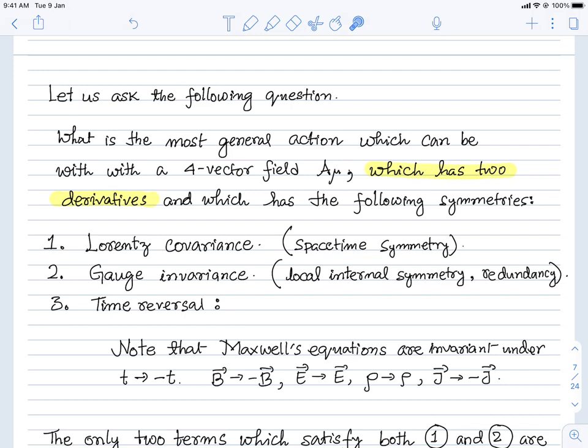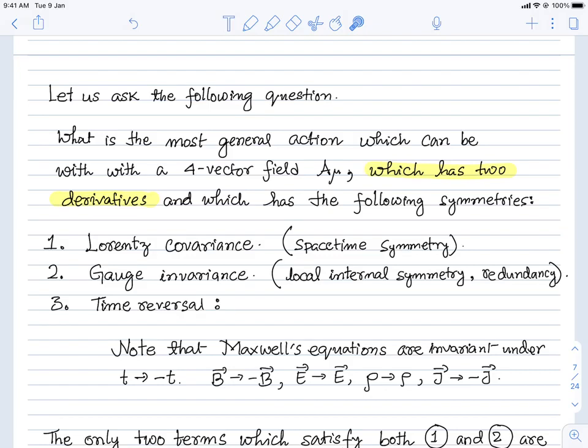There are observables which depend on the potential rather than the electric and the magnetic field. If you have heard about the Aharonov-Bohm effect, for instance, I'm talking about things like that.